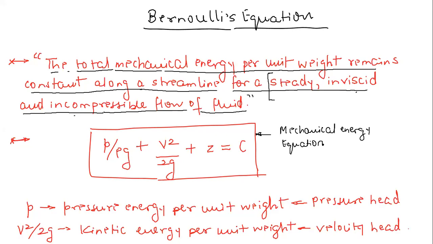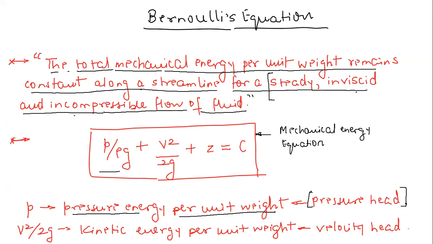Now, what is P by rho g? P by rho g is the pressure energy per unit weight, and this is generally called the pressure head. Generally in fluid mechanics we refer to this term.